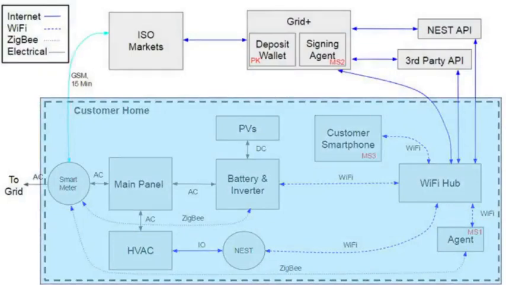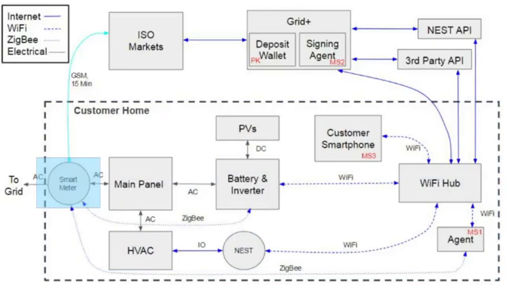The components inside the dotted rectangle are at the consumer's location, maybe a residential house. It has a smart meter, main panel, several electricity-based devices, heating, ventilation, air conditioning (HVAC), battery, and PVs, photovoltaic devices that could be solar panels generating electricity.